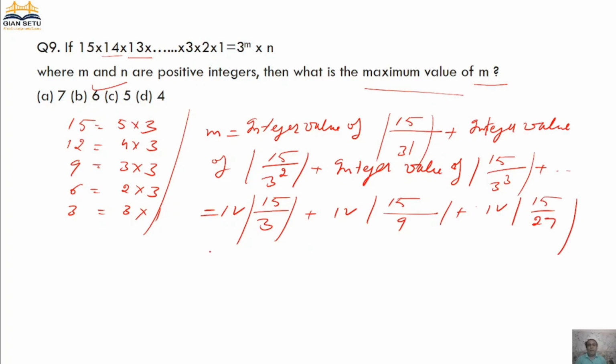Here it will be simply 5, plus when we divide 15 by 9 we get integer value 1, and here we get 0, so it will be 6. So the answer is B here, 6.